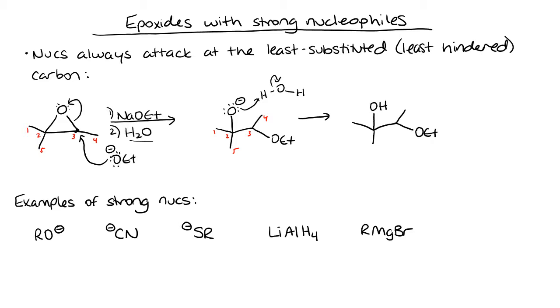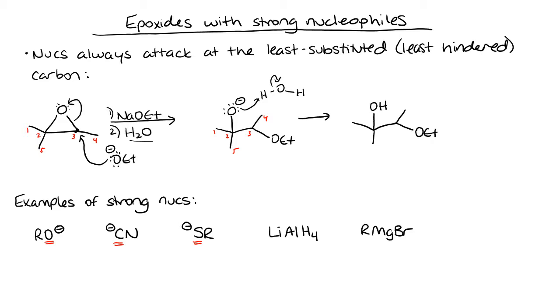So examples of strong nucleophiles are mainly going to be things that have negative charges, such as ethoxide, methoxide. So we've got the oxygen with the negative charge. Hydroxide can also act as a strong nucleophile. We have the cyanide ion, which allows carbon to act as a nucleophile. Anything with sulfur. So sulfur acts very similarly to oxygen.